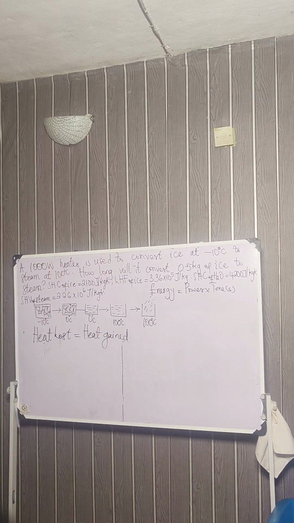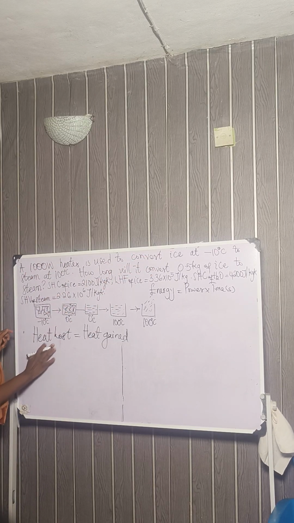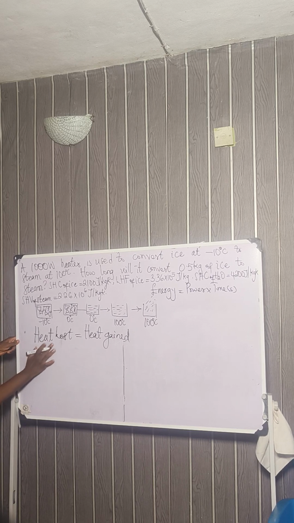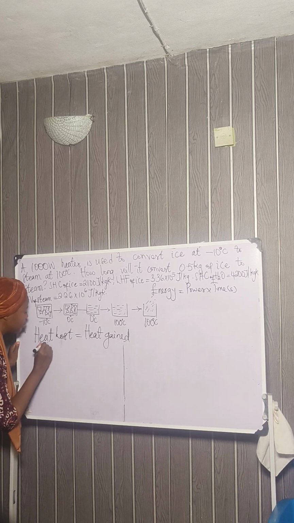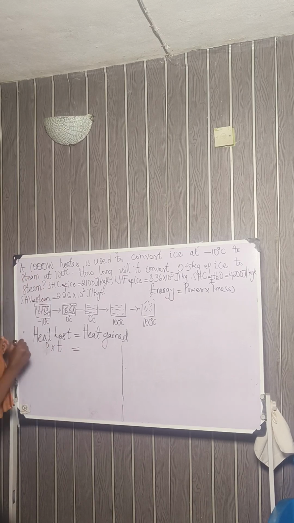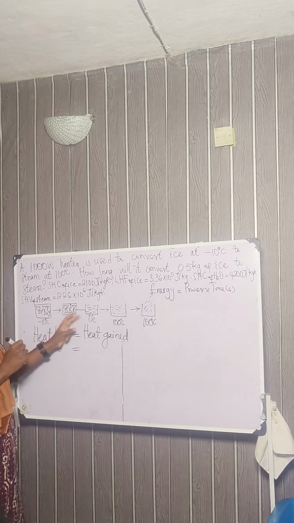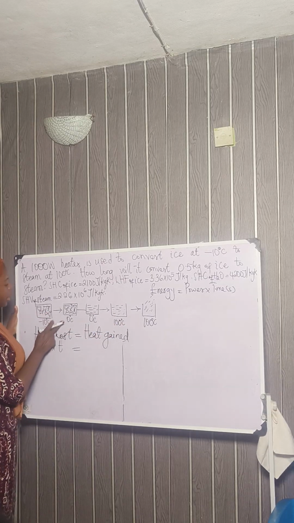So having that knowledge, that will help us here. This is power times time to convert. So we are looking for time. P times T is equal to the whole energy gained here. We can see here there is a change in temperature.